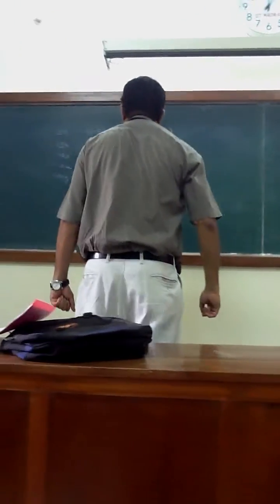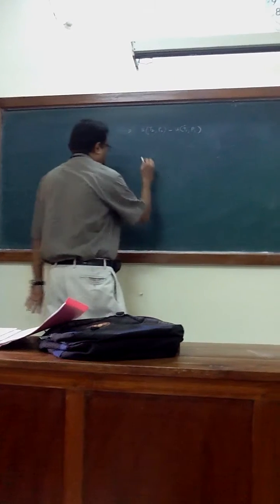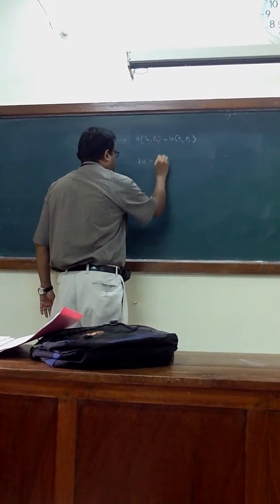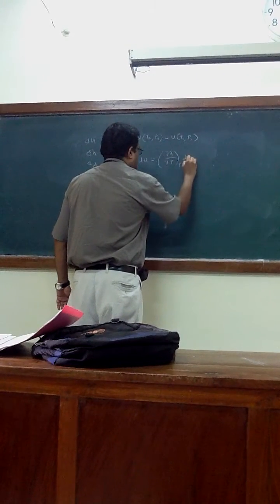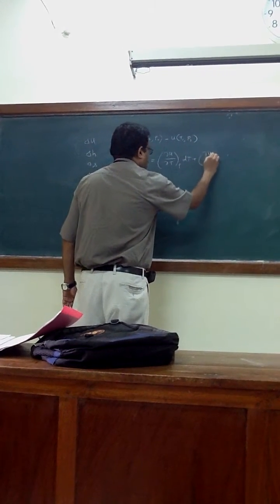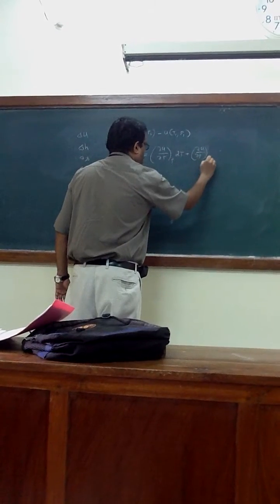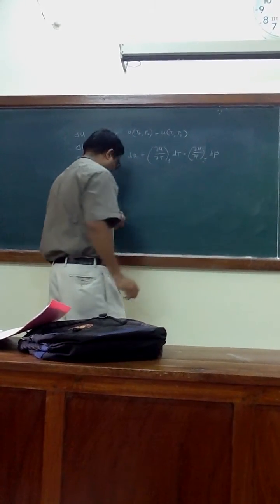And we know that if the variables are T and P, then dU can be written as (dou U by dou T at fixed P) dT plus (dou U by dou P at fixed T) dP.